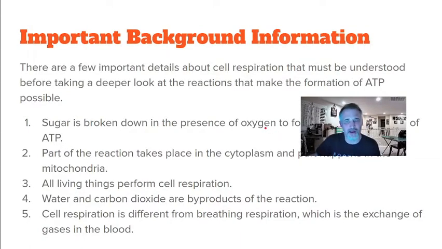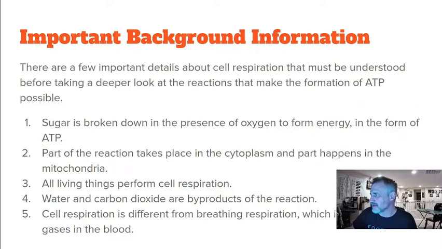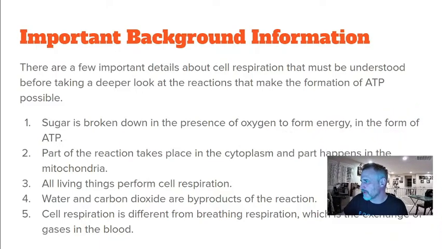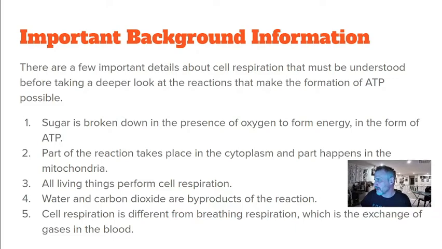A few important pieces of background information you should be aware of. There are a few important details about cell respiration that must be understood before taking a deeper look. That's why we're breaking this set of notes into two sections, and this is a very short section to introduce it to you. Sugar is broken down in the presence of oxygen to form energy in the form of ATP.